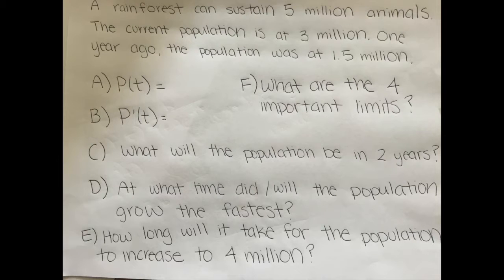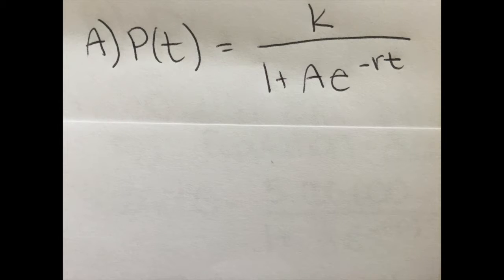A rainforest can hold 5 million animals. The current population is at 3 million. 1 year ago, the population was at 1.5 million. First, let's find P of t. Recall that P of t is equal to k over 1 plus a times e to the negative rt.